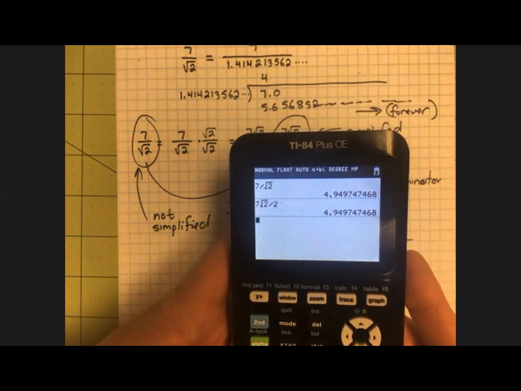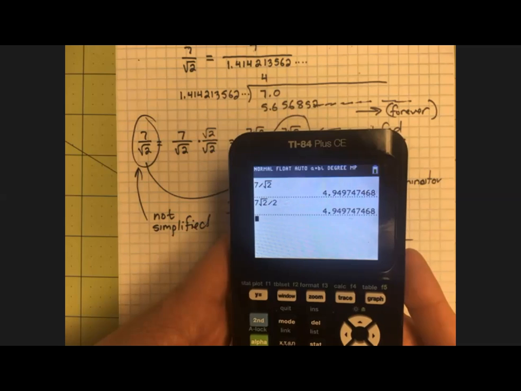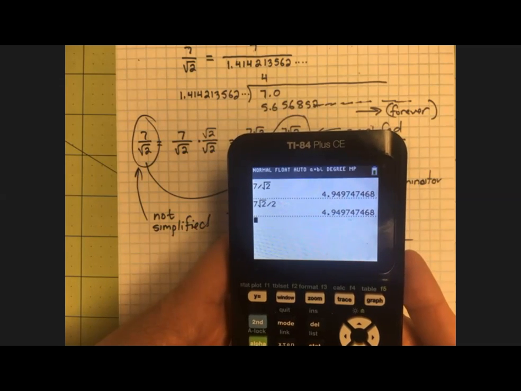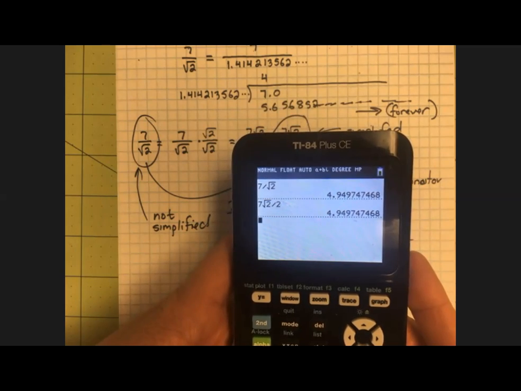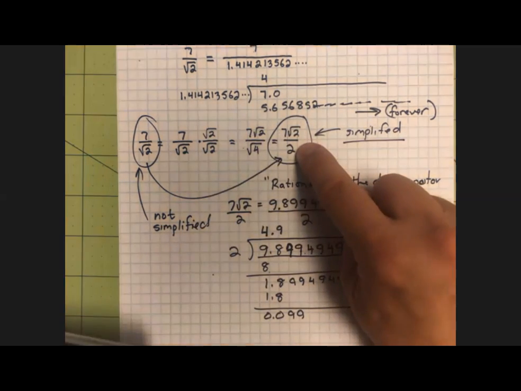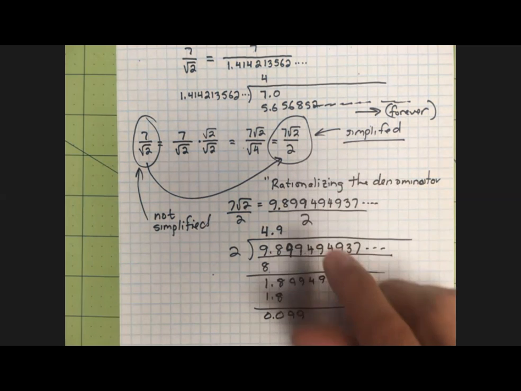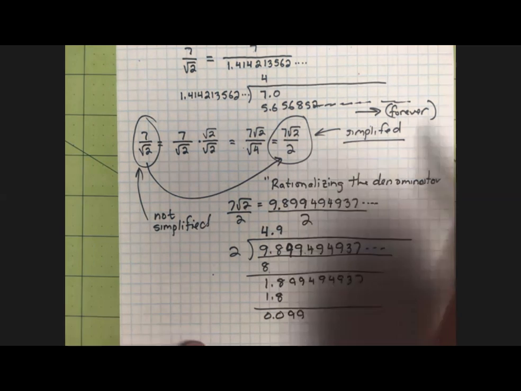I get the same number. It turns out that there are still reasons that your life is easier when your denominators don't have radicals in them. So he wants to train you to write things without radicals in the denominator. Let me give you another example.